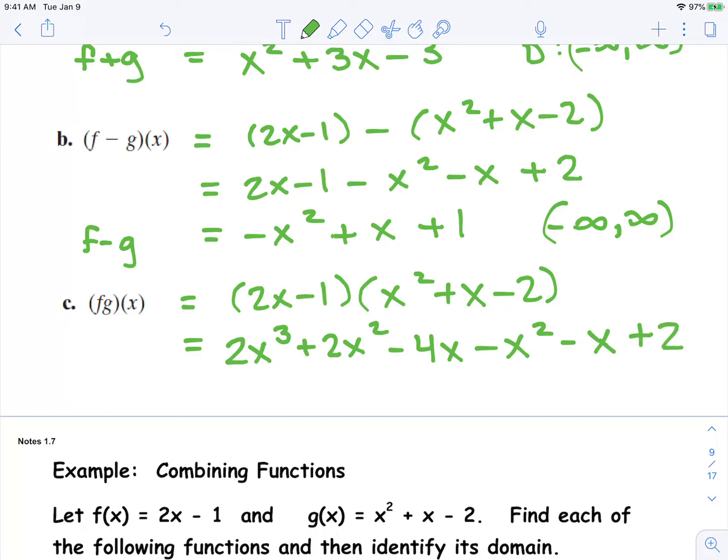And then we put it in standard form, combining any terms. So here is the product of those two functions. It's a cubic function. It also does not have any domain restrictions.